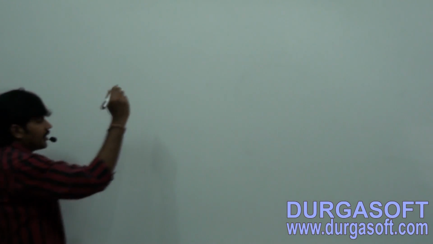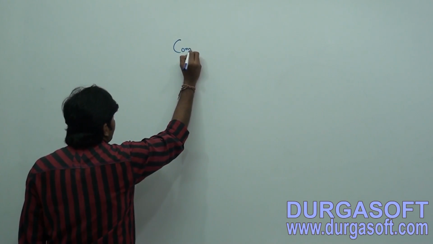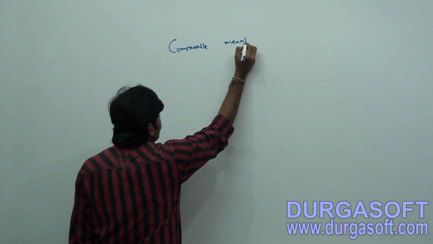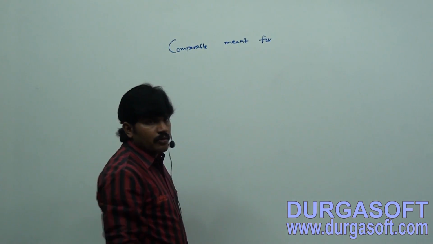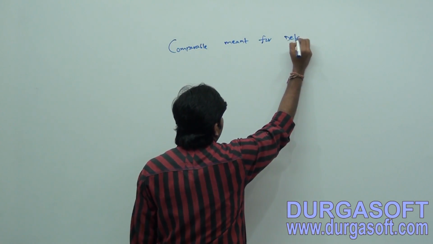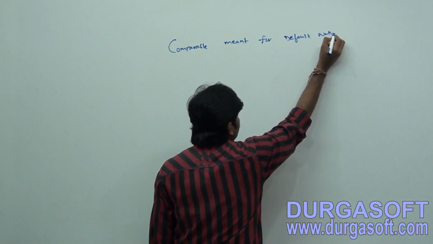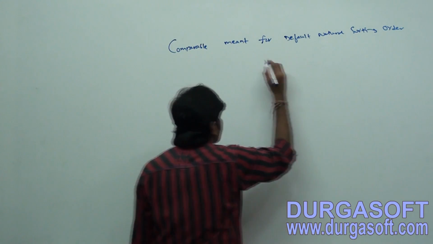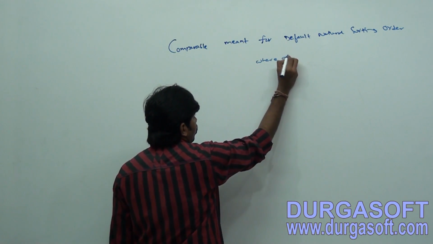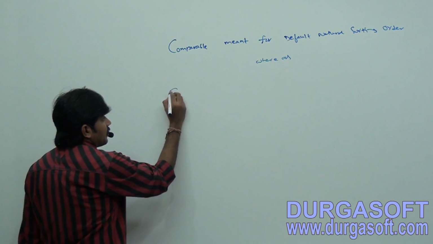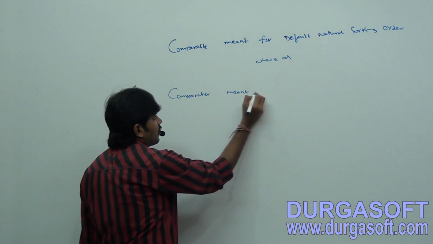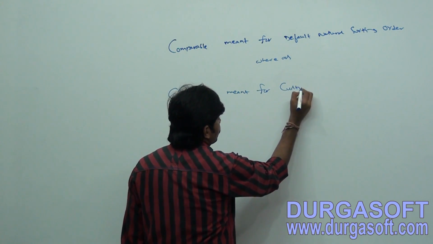Now the point is, make sure you are aware: Comparable is meant for default natural sorting order, whereas Comparator is meant for customized sorting order.